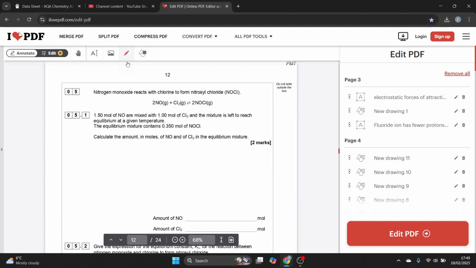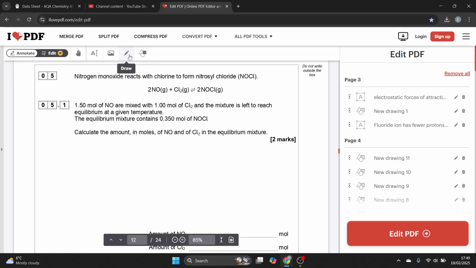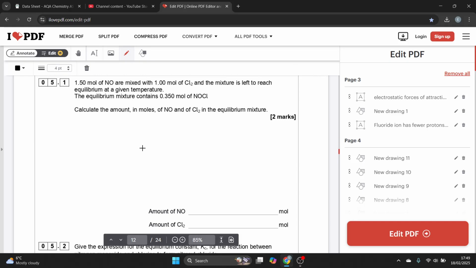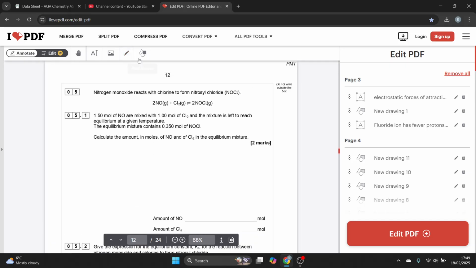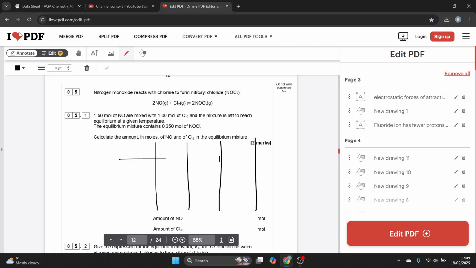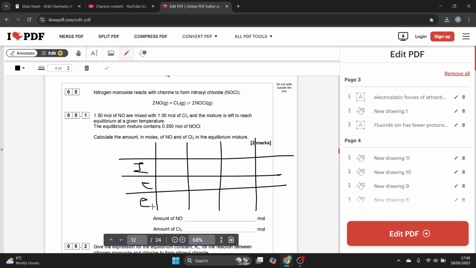Question 5. Calculate moles of nitrogen dioxide and chlorine in equilibrium mixture. Again, the method I like to use is the ICE method. I initial moles, C change in moles, E equilibrium moles. So I've got nitrogen dioxide, I've got chlorine, I've got NOCl, and I've got 1.50 moles of this, 1.00 moles of this.